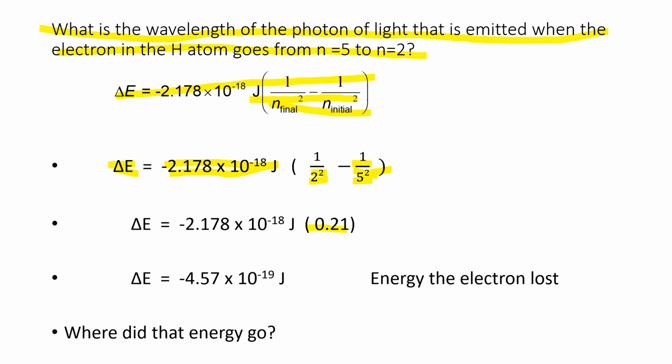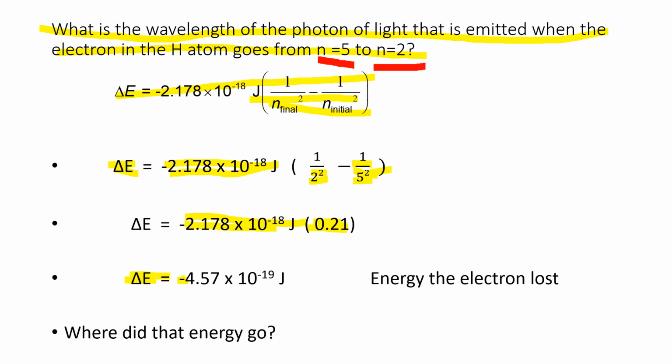So combining those terms, I'd get 0.21 in there. Multiply that by the 2.17 times 10 to the minus 18. And what we're going to get is our change in energy is going to be negative. That's important. Energy has to be lost in this. We know it has to be lost because we're going from a higher energy level, n equals 5, to a lower energy level, n equals 2.